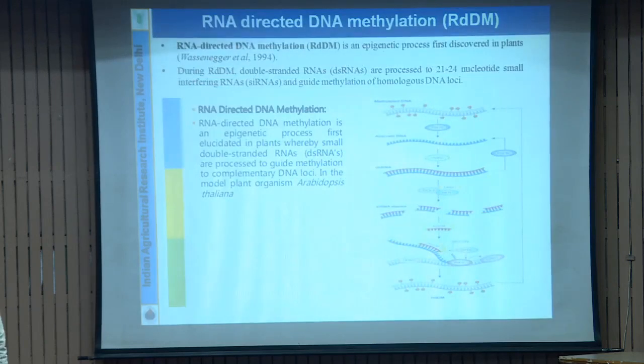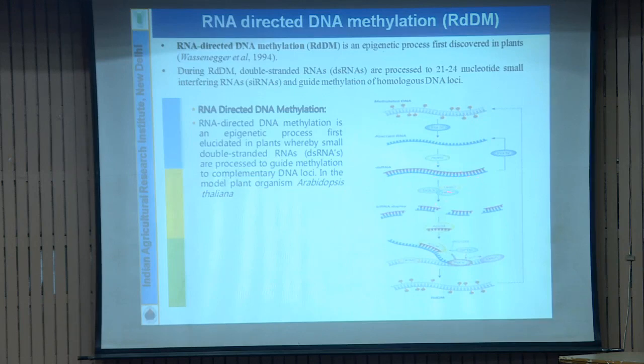Now, the third type of epigenetic phenomenon which I mentioned is RNA-directed DNA methylation. That means DNA methylation is happening but it is directed by RNA. These RNAs are actually small RNAs. Small RNAs are produced in the cells when a double-stranded RNA is produced. Some cells produce, from polymerase 4, a single-stranded RNA which gets copied into double-stranded RNA.